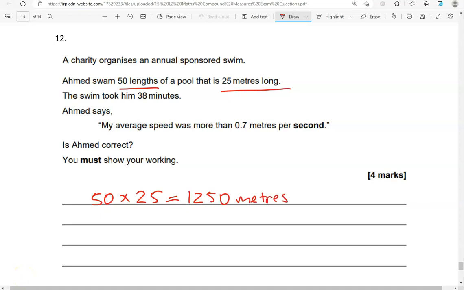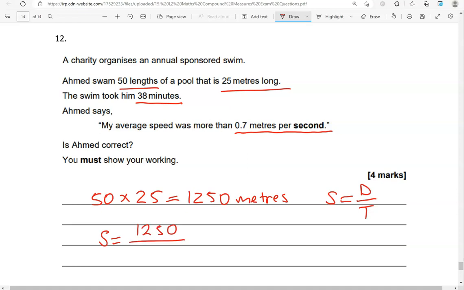And he did that in 38 minutes. So we're using the formula. Speed is equal to distance over time. The speed we're given here is meters per second. So we're going to do the same here so we can compare. So we don't know the speed, we're going to work it out. The distance is in meters, 1,250.